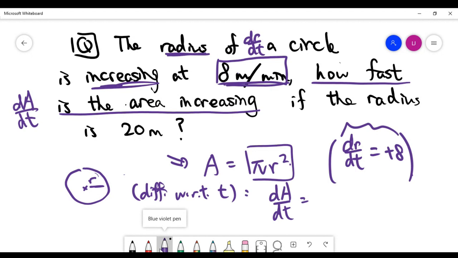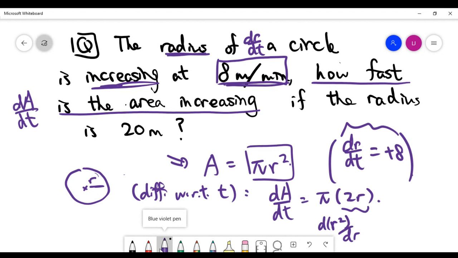So when you differentiate this, first of all you can differentiate it with respect to r. If you differentiate it with respect to r, pi is constant, which just stays there, and r squared becomes 2r. This one is the derivative of r squared with respect to the variable r.